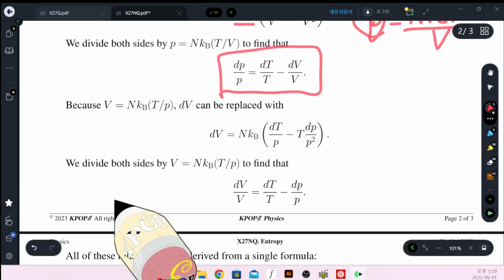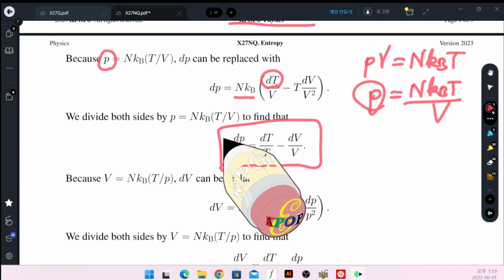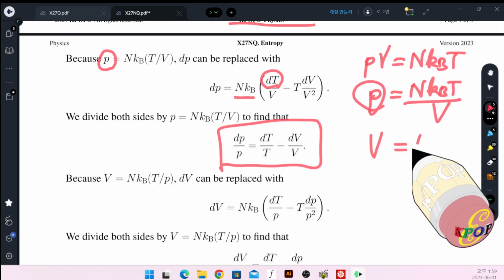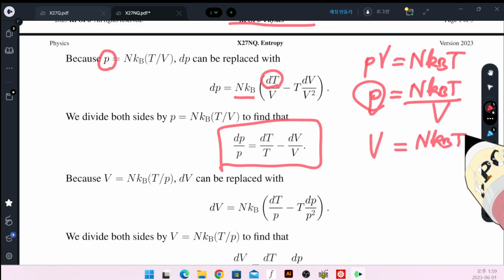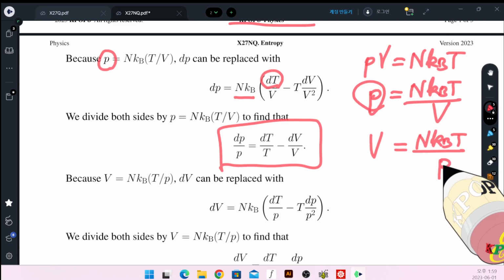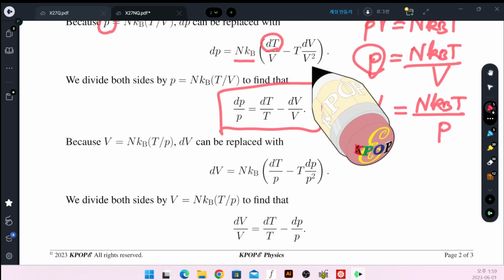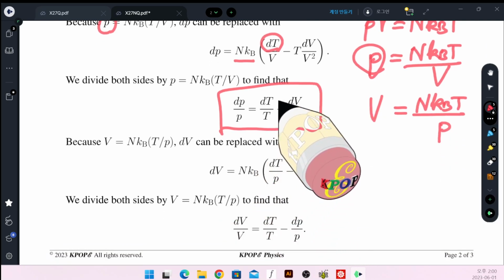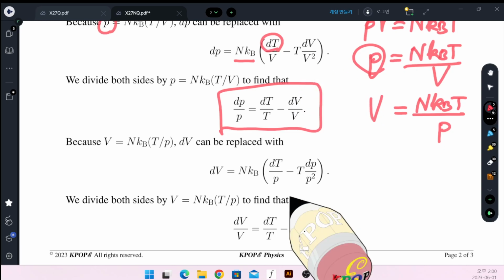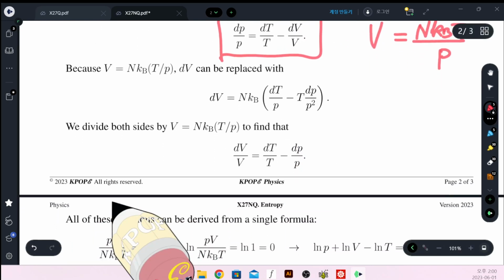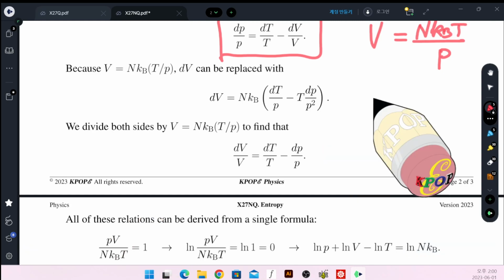In a similar manner, we can compute the volume to be NkBT over pressure, and what we obtain is very similar, except for the appropriate replacement.